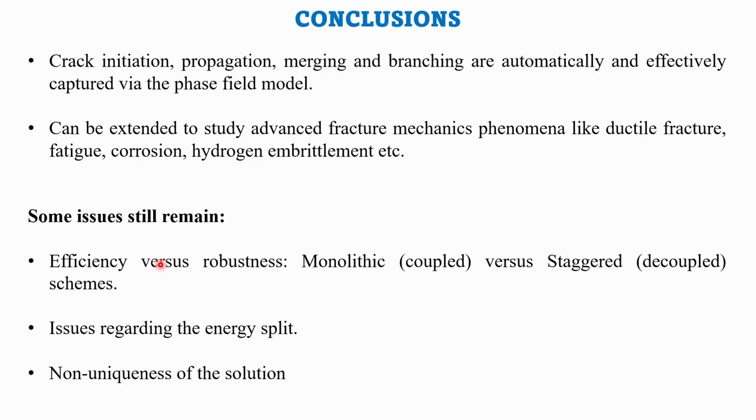Some issues still remain: efficiency versus robustness. So monolithic, which is the fully coupled approach, versus staggered, or the decoupled approach. I talked about the staggered method, that is what we are primarily using in all of these formulations. But there's also this monolithic approach where we do not decouple the phase field and the displacement problem.